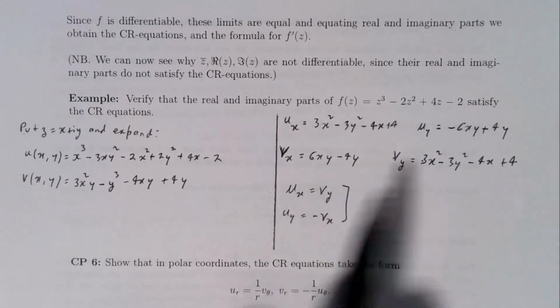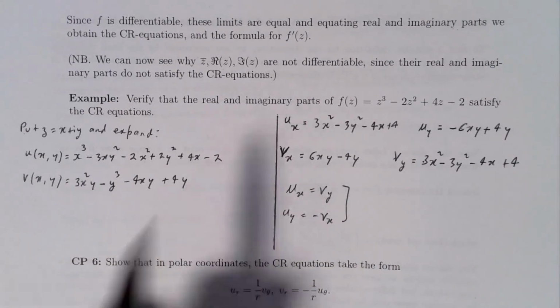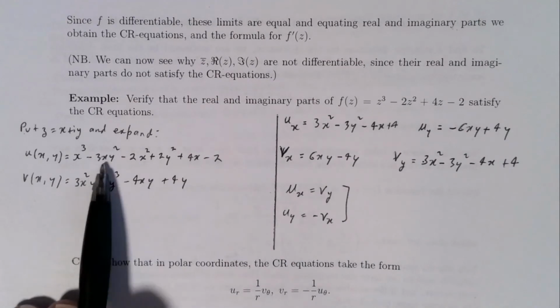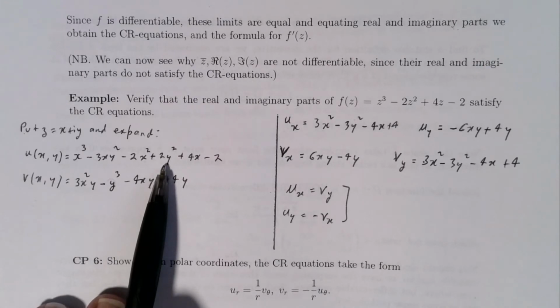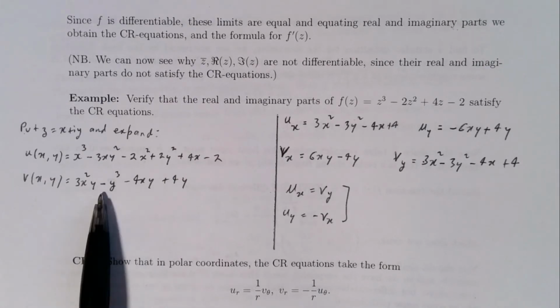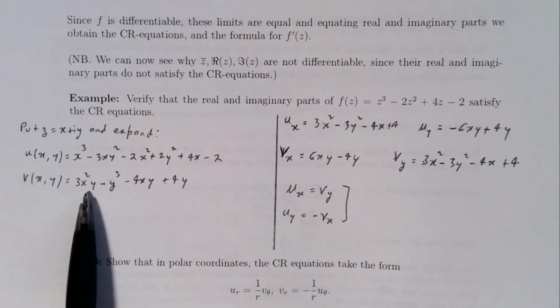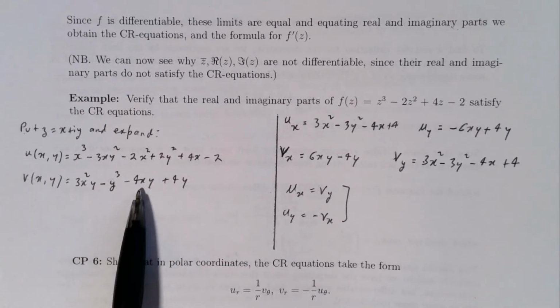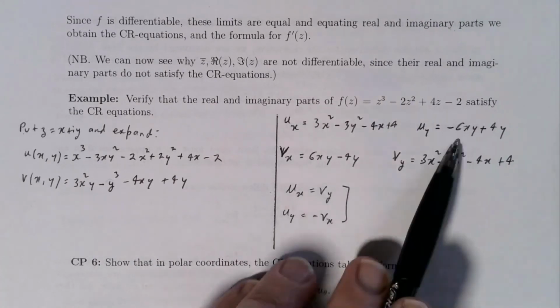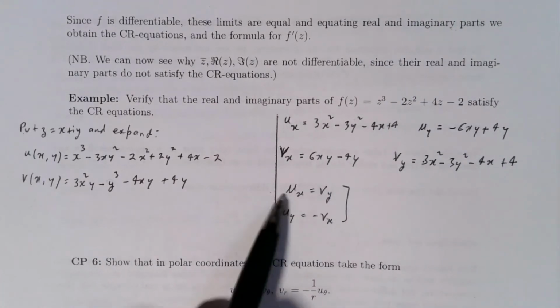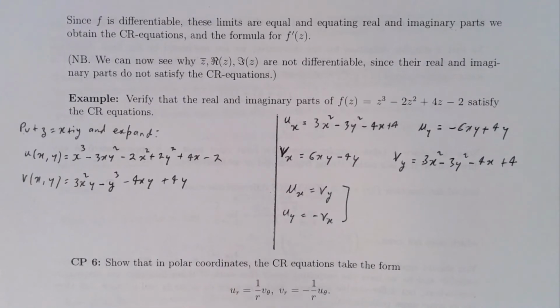If I differentiate this one partially with respect to y, I get minus 6xy plus 4y. And if I do this one partially with respect to x, then I get 6xy minus 4y. And you can see that one is minus the other. And so we get our Cauchy-Riemann equations holding.